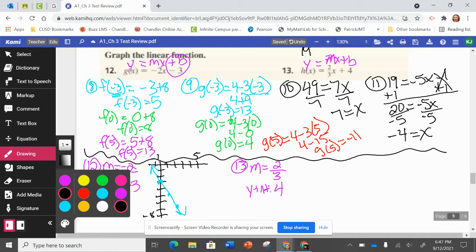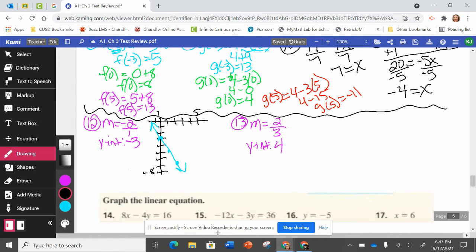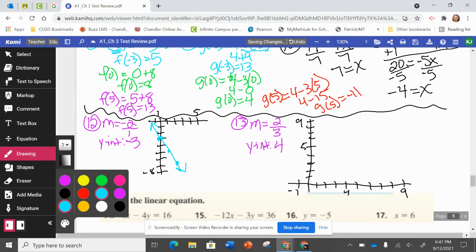So to graph this, we plot positive 4 first for our y-intercept.